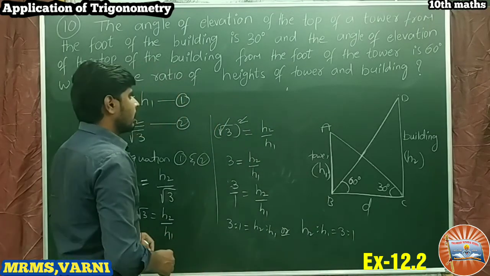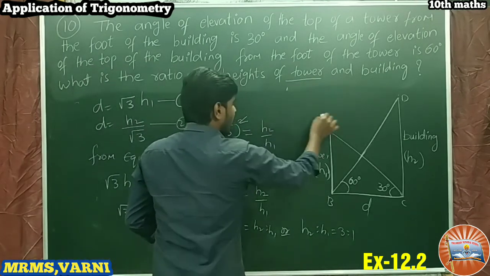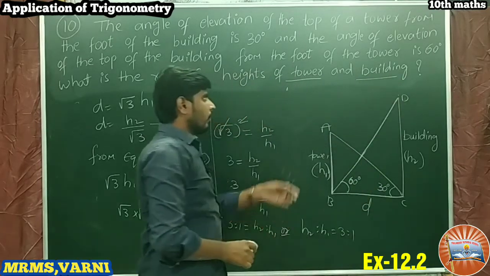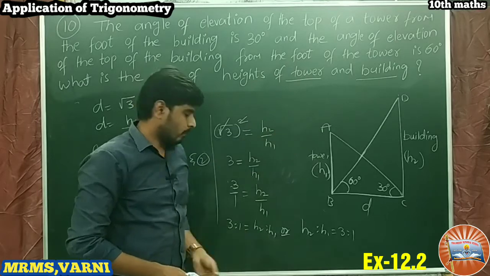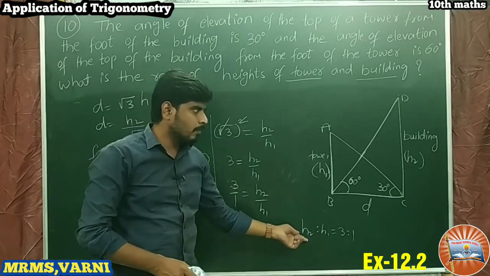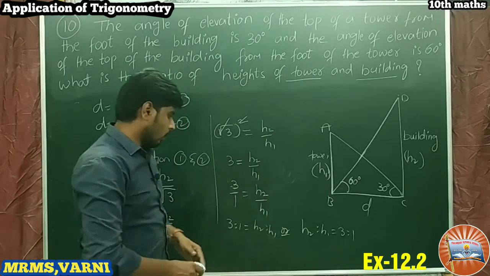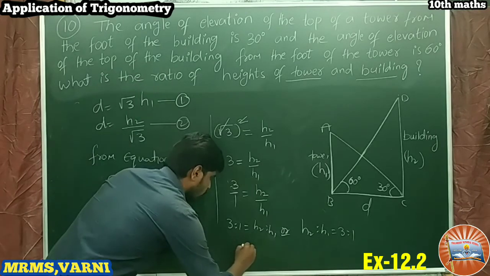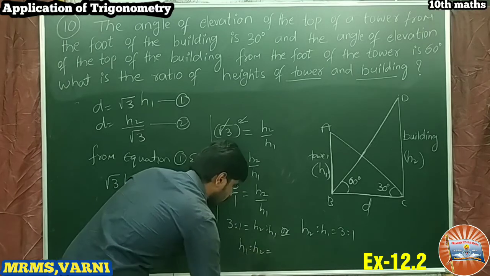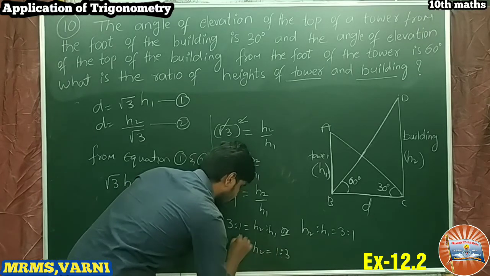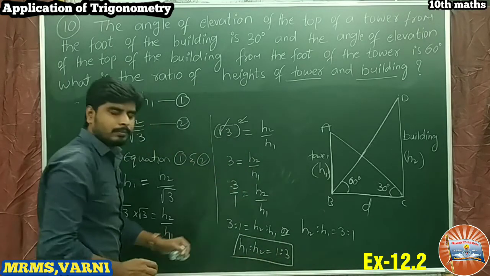But here they asked for the tower and building, so we have to write the tower first, then the building. H2 is the height of the building. So H1 is to H2 is nothing but 1 is to 3. Did you get this concept?